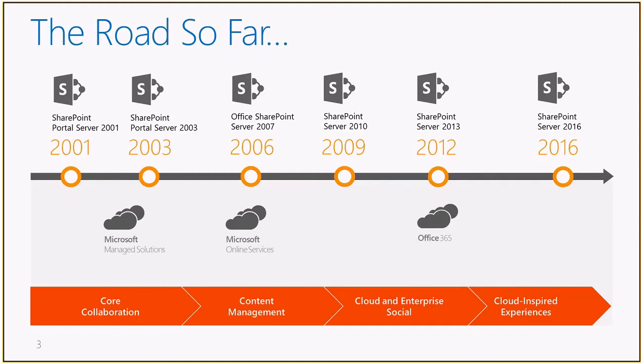So there's a lot of focus in SharePoint Online, a lot of momentum behind Office 365, which in turn is channeling to SharePoint Server 2016 and SharePoint Online as well, which is great for a couple of key reasons. One, we can now expect faster and more frequent SharePoint releases in both environments.